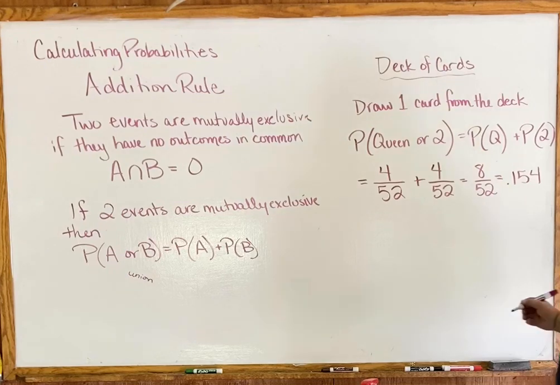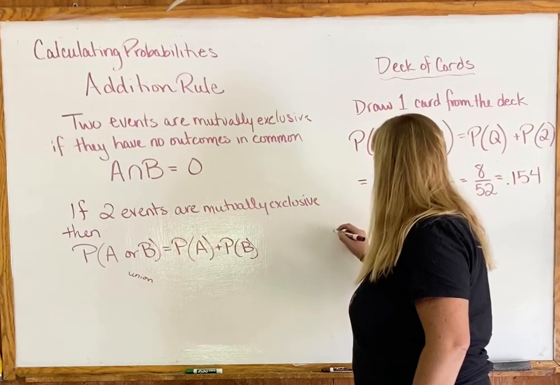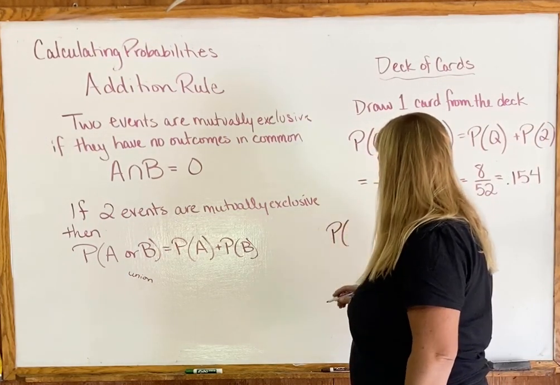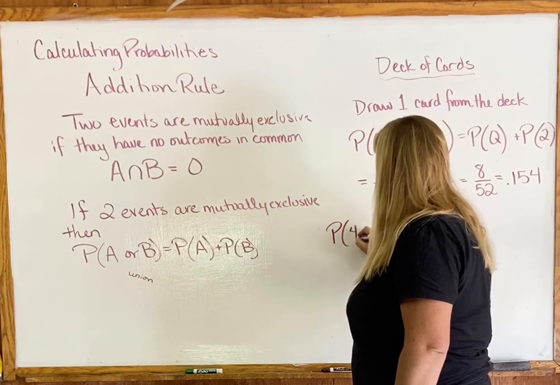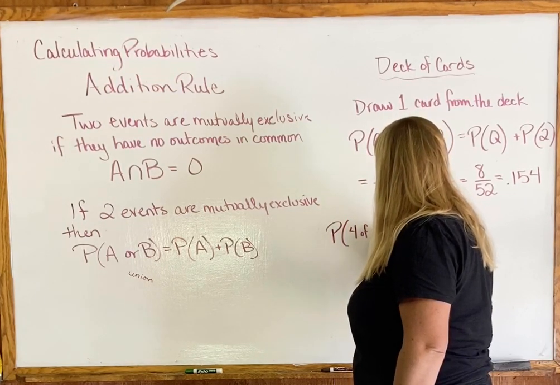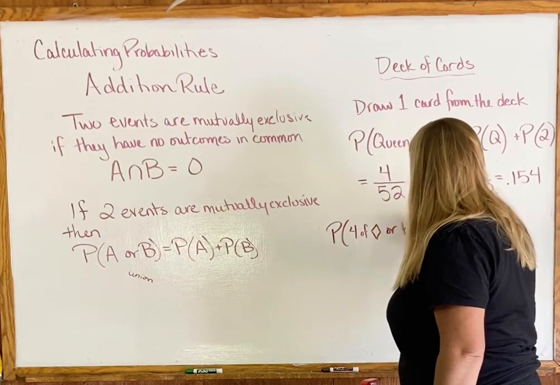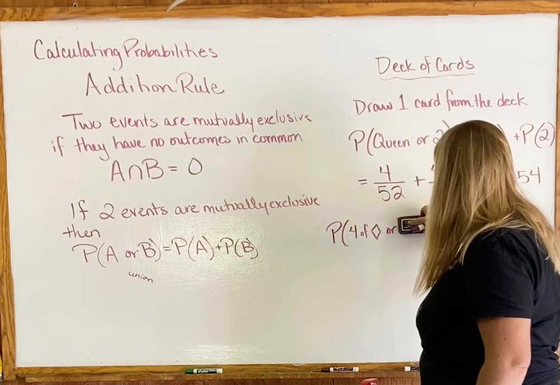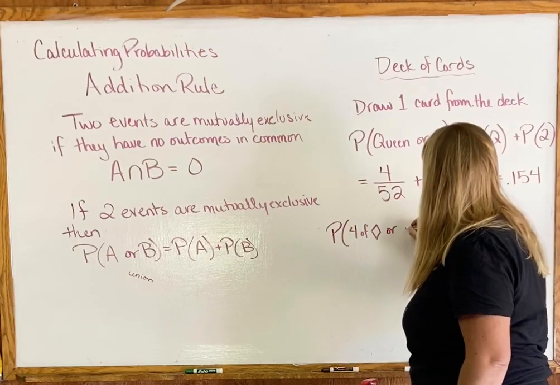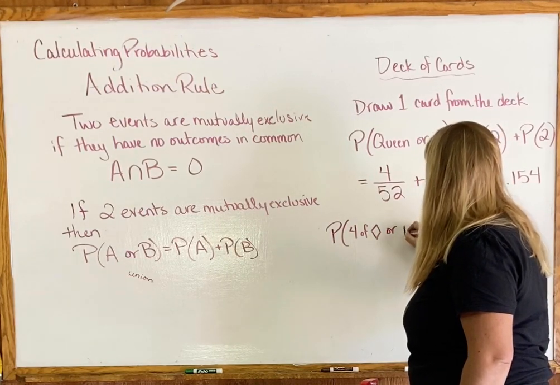How about if I want the probability of getting the 4 of diamonds or, let's see, what do I do here? Or a face card.